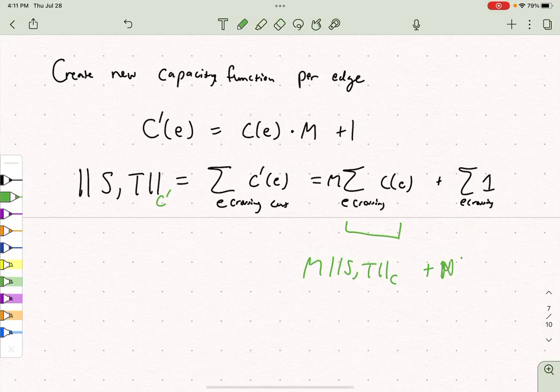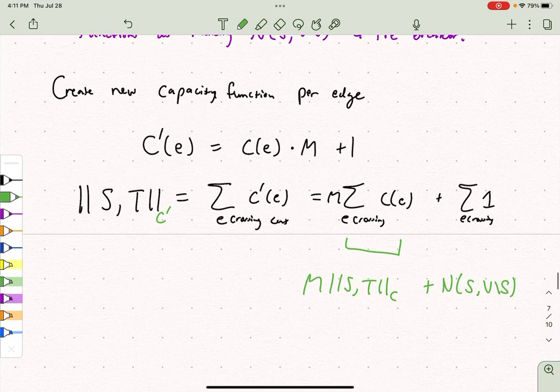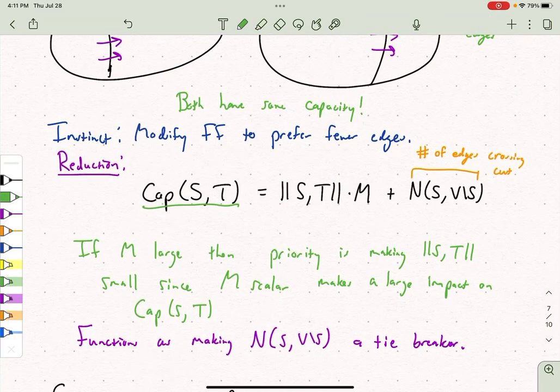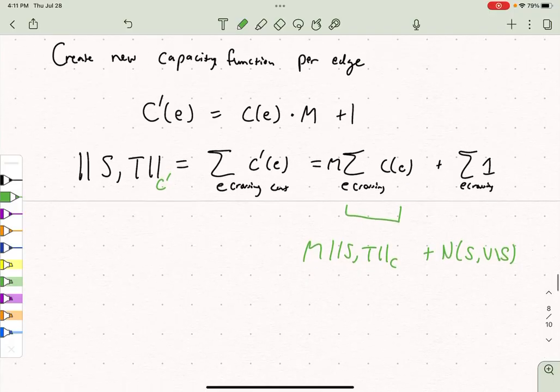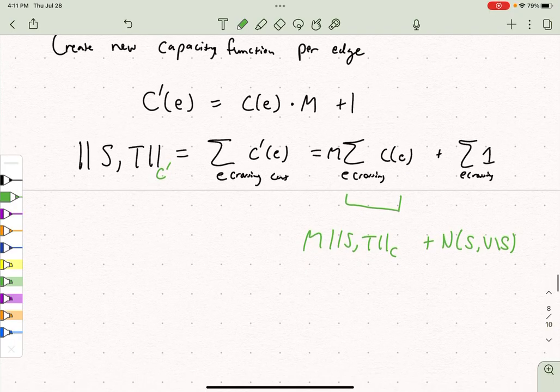So this is going to be N of S, V minus S. So any capacity of a cut in this new graph is equivalent to the formula in the old graph. So this is giving us exactly what we wanted.